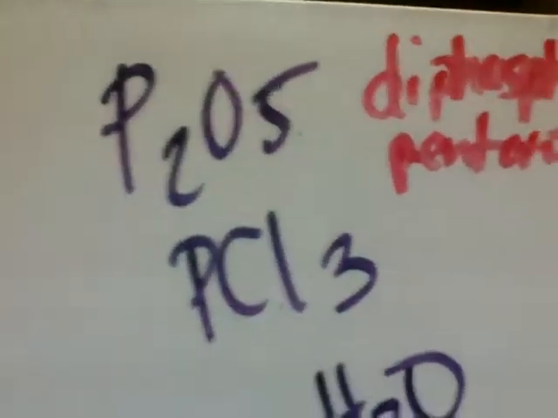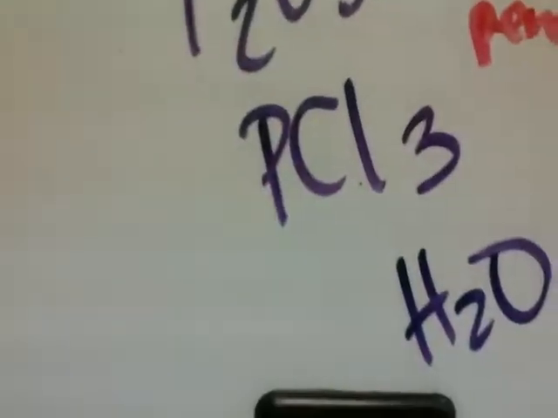D-I, and you spell the word phosphorus, and then pentoxide. Hopefully you guys can see my writing. Diphosphorus pentoxide. Okay, the next one is PCl3. How many phosphoruses do I have in PCl3? Well, I have 1. So you would think that you could say monophosphorus, but we kind of get the gist of it, so we don't say mono if it's the first word.